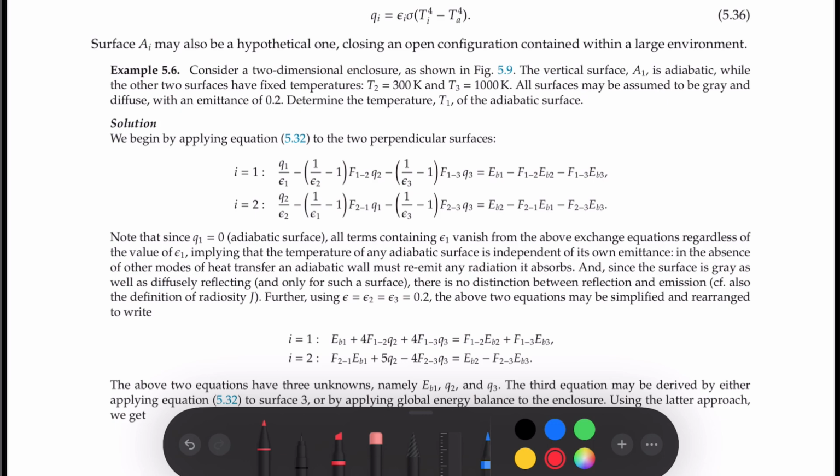All surfaces may be assumed to be grey and diffuse with an emittance of 0.2. These are very important words: all surfaces are grey, diffuse, with emittance of 0.2. Emittance is actually a synonym of emissivity. So epsilon 1 equals epsilon 2 equals epsilon 3 equals 0.2. Determine the temperature T1 of the adiabatic surface.